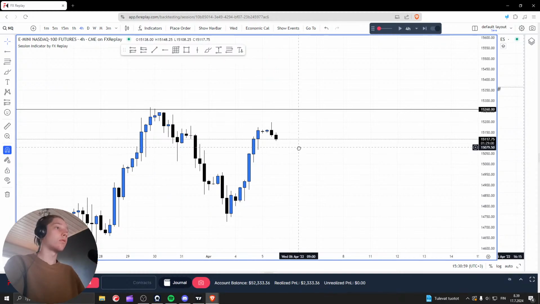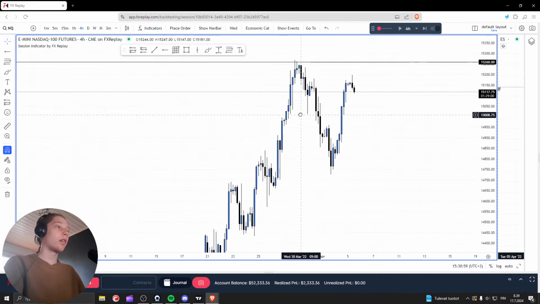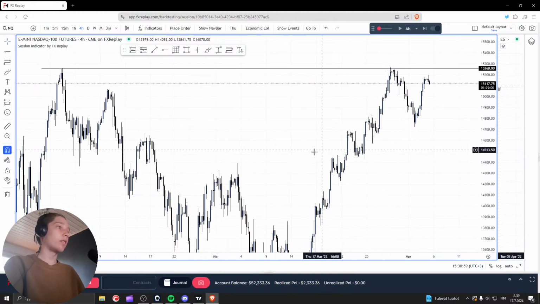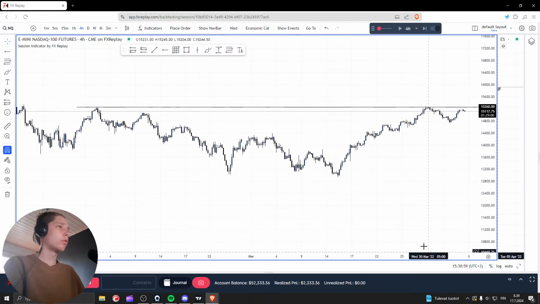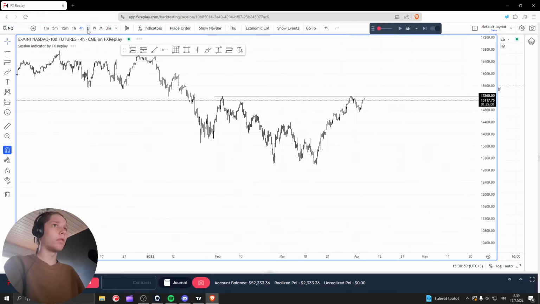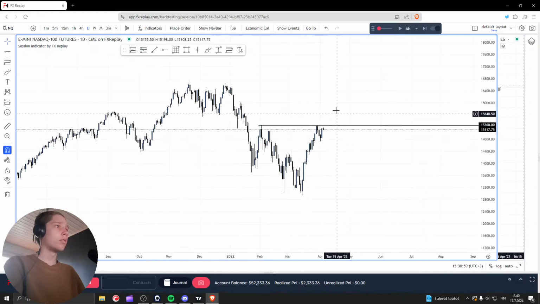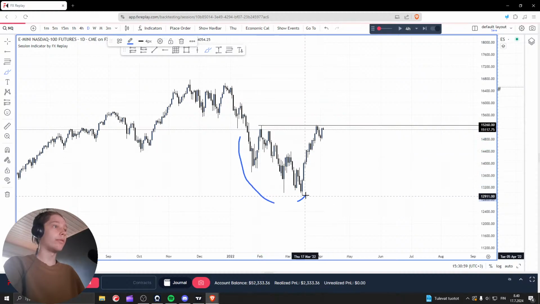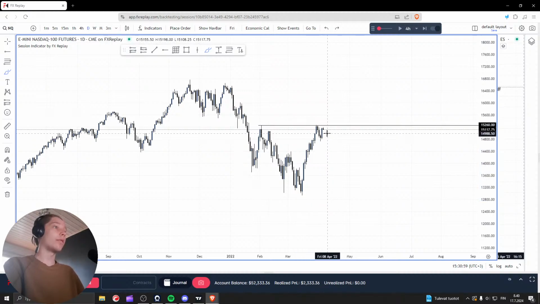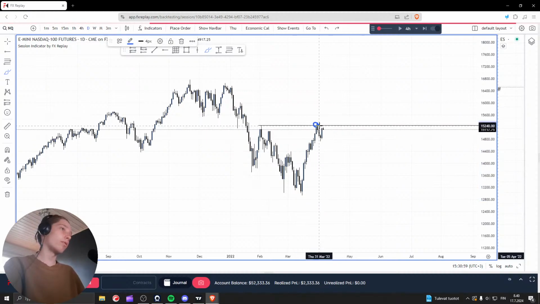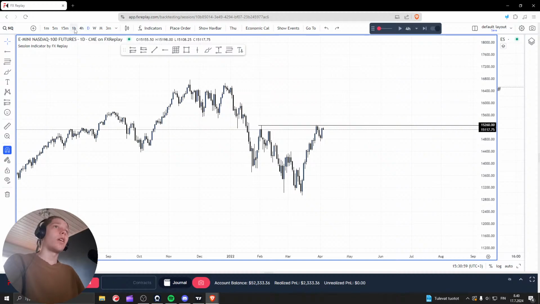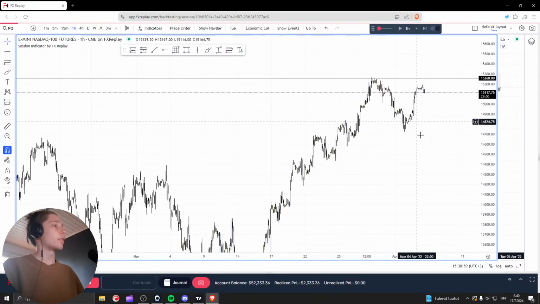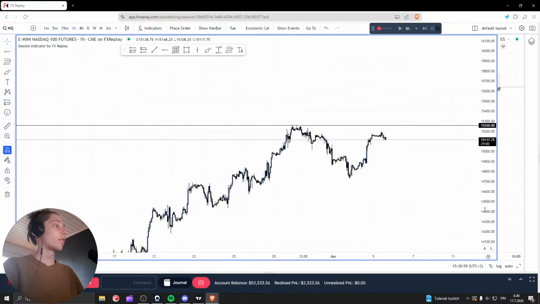So I cannot really identify the market maker model here. Maybe on the daily it could be sell side of the curve, buy side of the curve, here and here. But I don't really know if this is swept or not. I'm just going to go to a lower time frame and see if I can identify something.